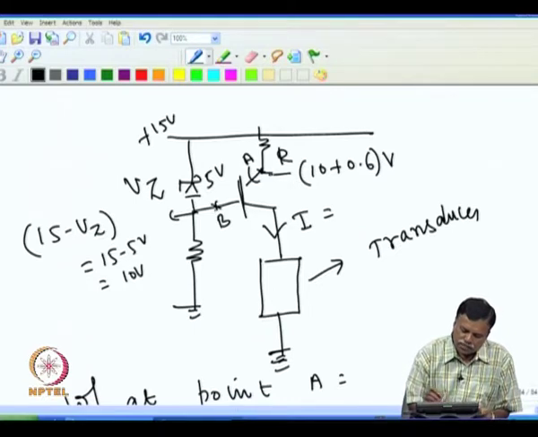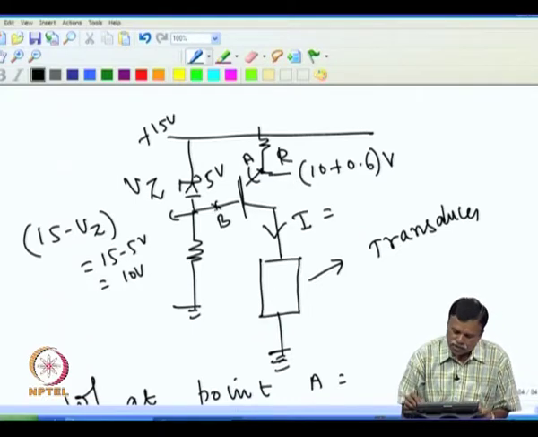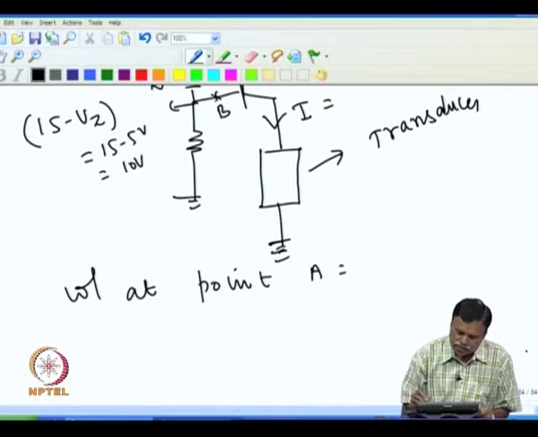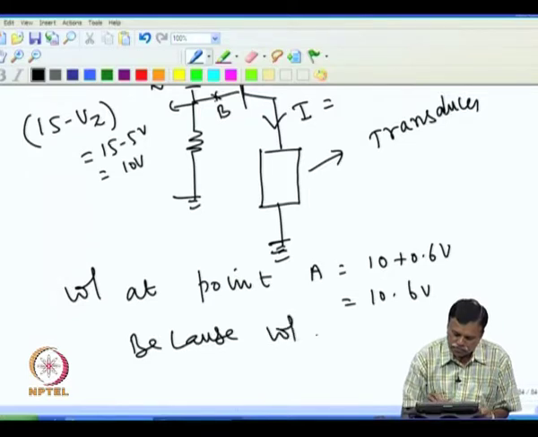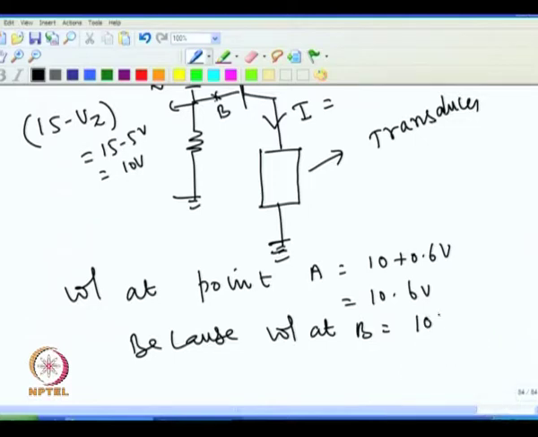So, voltage at point A will be 10.6 volt. These come because voltage at B is 10 volt: 15 minus the 5 volt Zener voltage.